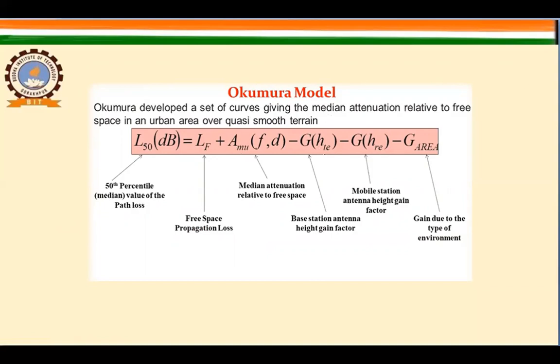G of H of T is the gain factor of the base station.